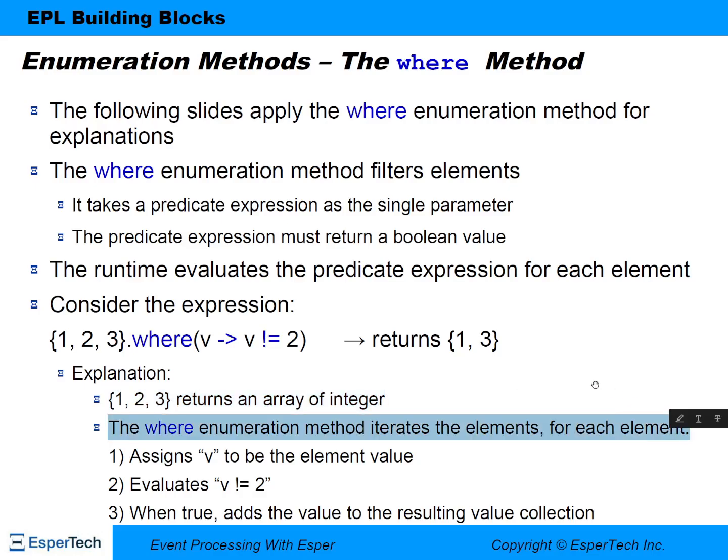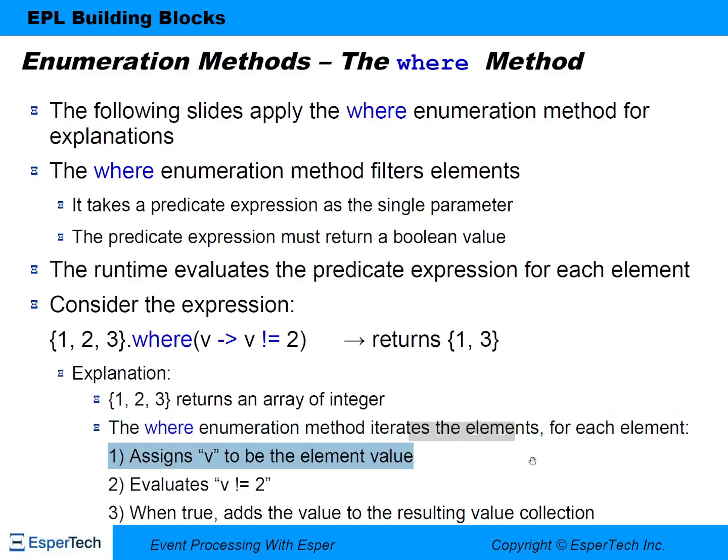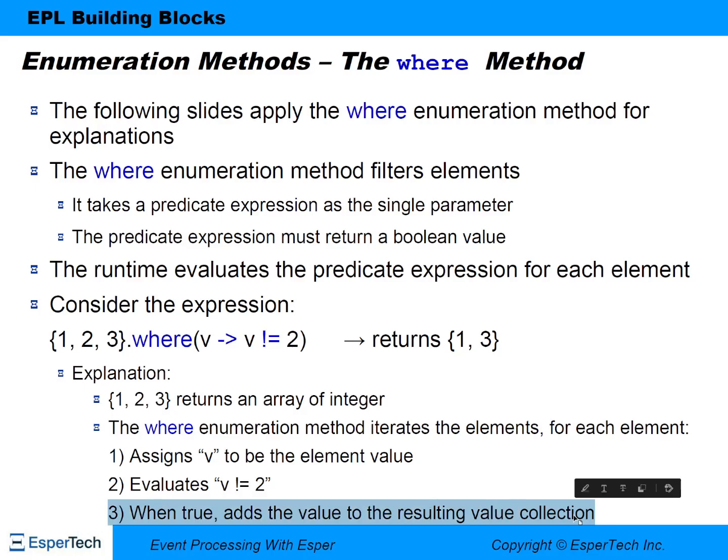The where enumeration method iterates the elements. For each element: first, it assigns v to be the element value. Second, it evaluates v != 2. Third, in case the result is true, it adds the value to the resulting value collection.